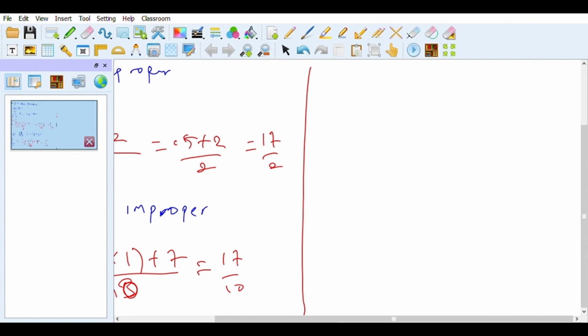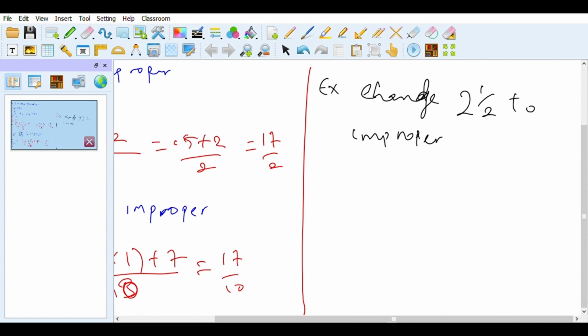I'll take one final example. In this example, change 2 whole number 1 over 2 to an improper fraction. As usual, we have 2 whole number 1 over 2.